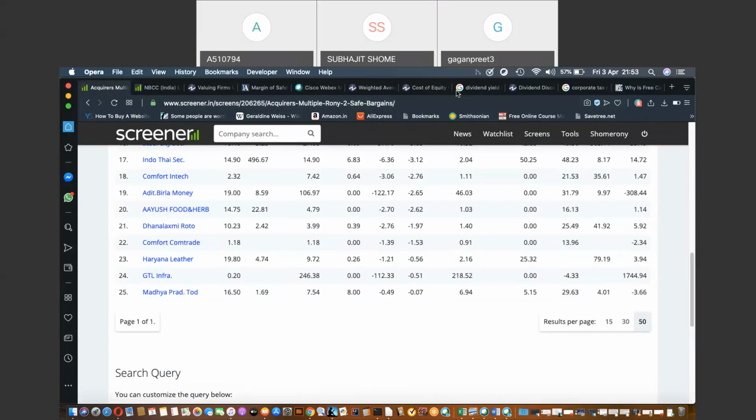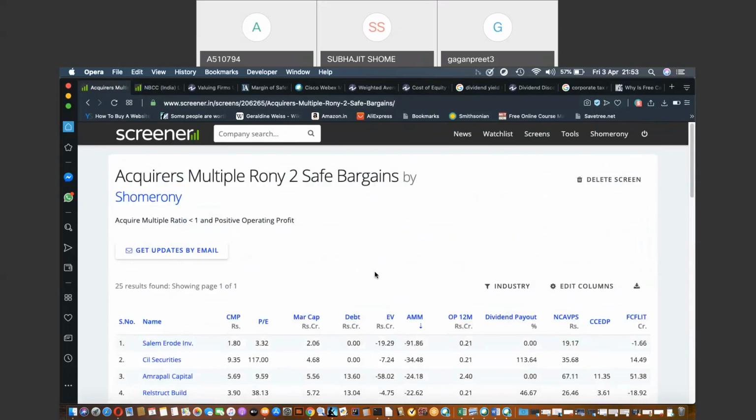Yeah, Shubhajit. If you set up a free account on screener.in, you will have this kind of company search. Whenever you set up a free account, the website name is screener.in.